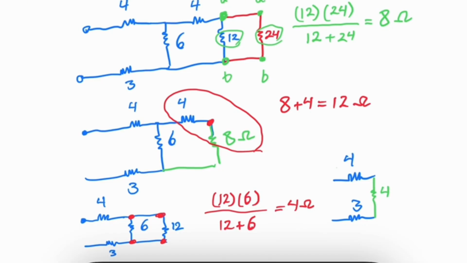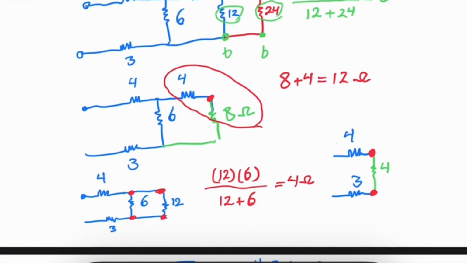Now all these three are in series because they are using only one common node. Therefore my R equivalent here is equal to 4 plus 4 plus 3, which is equal to 11 ohm.